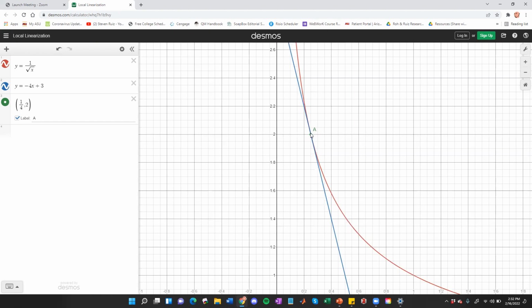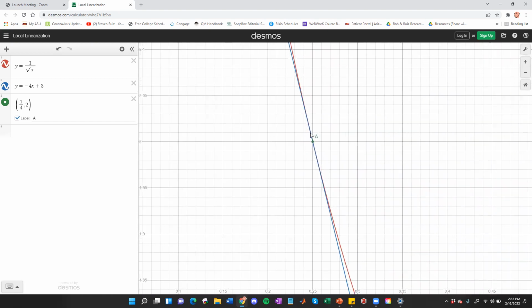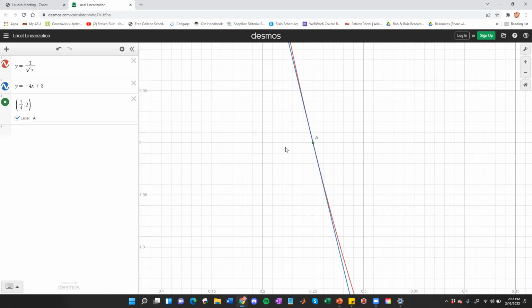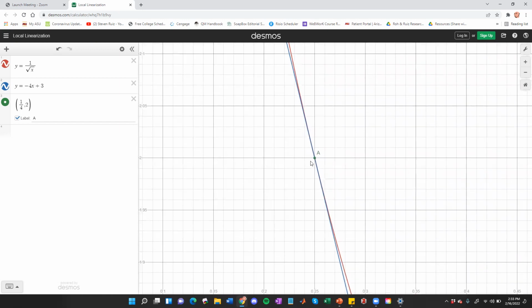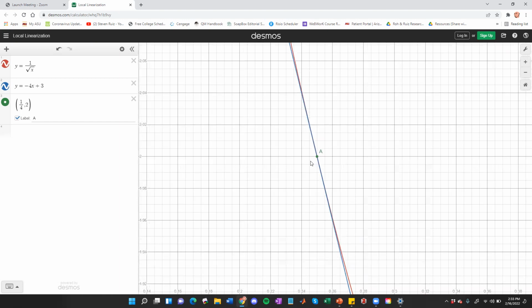At that point they do, right? Why are they starting to fade into each other? Getting infinitely close but not actually intersecting. Right. I can get as close as I want, or until Desmos tells me I can't zoom in anymore. But let's just say for now I can get as close as I want to that point.